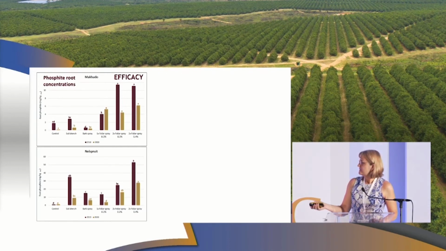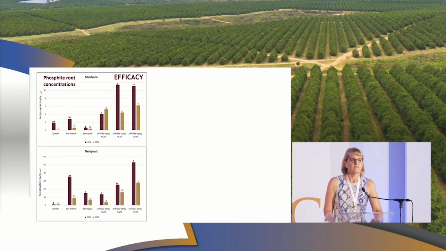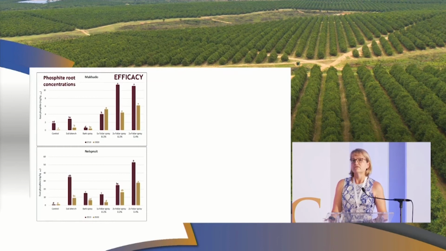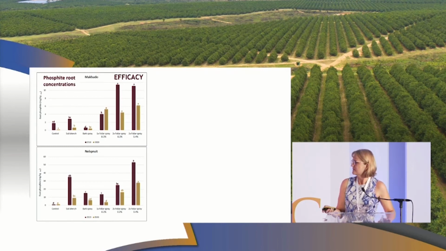You can see in the Nail spray trial, the soil drench was more or less comparable to the other application methods. In the Mikado trial, especially in the second year of application, it was not as effective. But I think this was definitely because that was our sick orchard. There were not as many feeder roots to take up the product. So I think, in future, once these products are registered, if you want to use soil applications, you need feeder roots to actually take up the product.